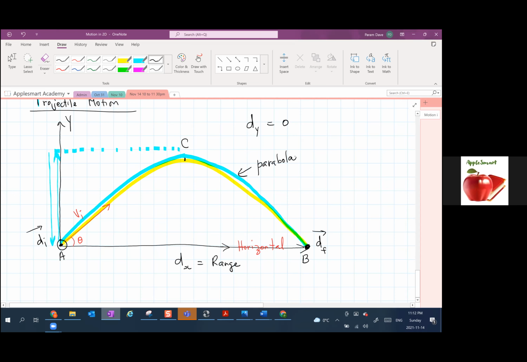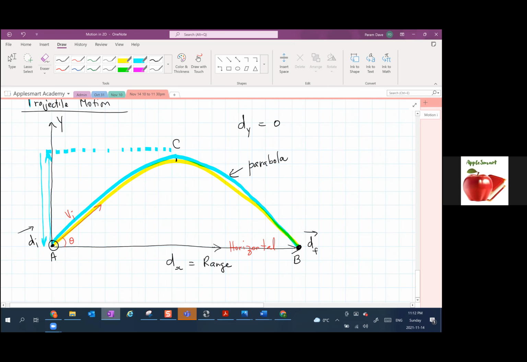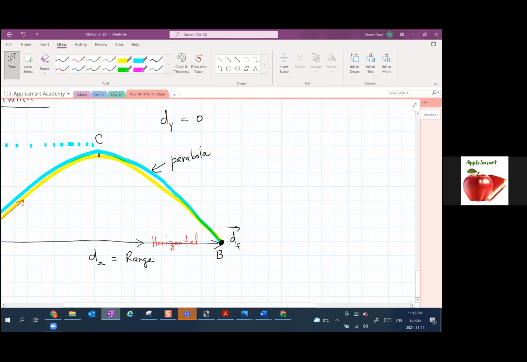Any object that moves horizontally as well as vertically simultaneously under the effect of one force, the force that is acting on the soccer ball when it is in air, the only force acting on it is Fg.